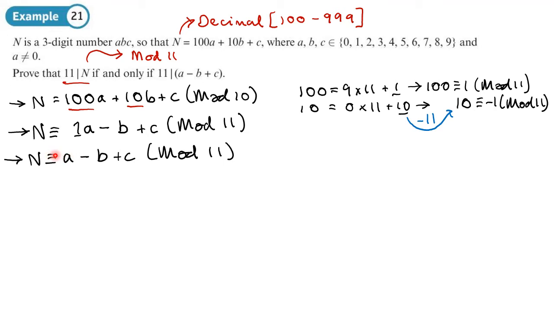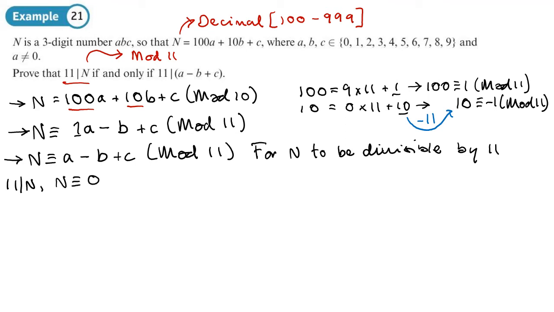Now for this number n to be divisible by 11, n needs to be congruent to 0 under mod 11. So I'll just write that down. So for n to be divisible by 11, n needs to be congruent to 0 in mod 11.